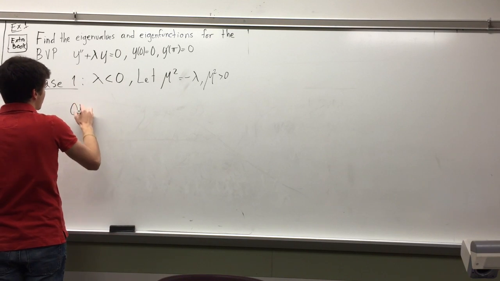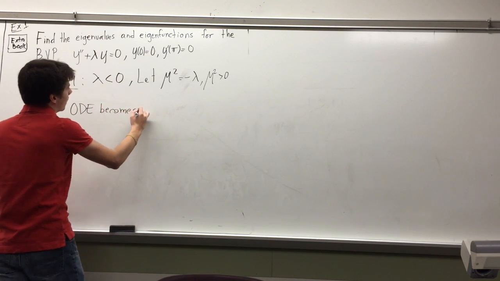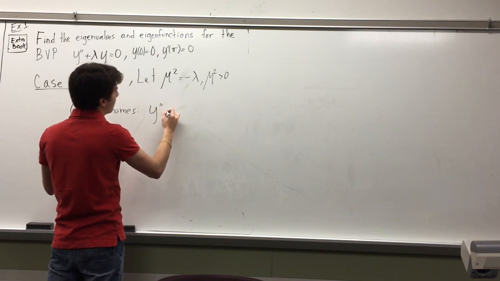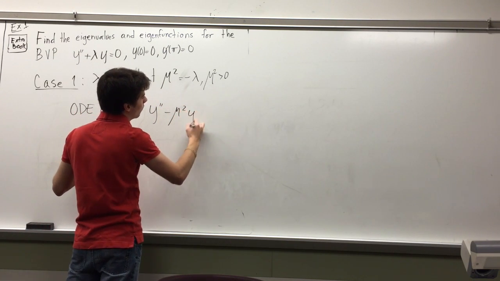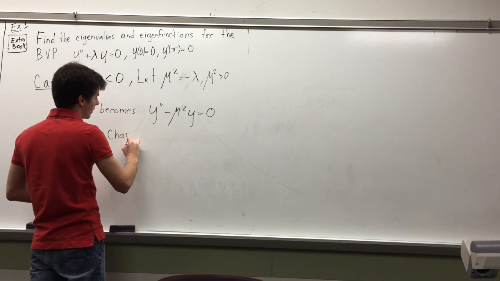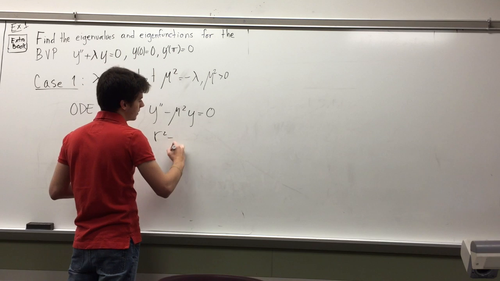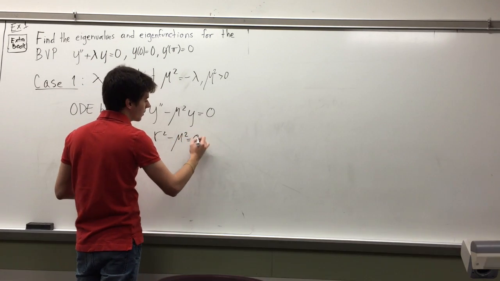Our ODE becomes y double prime minus mu squared y is equal to 0. And if we write down our characteristic equation, we have r squared minus mu squared is equal to 0.